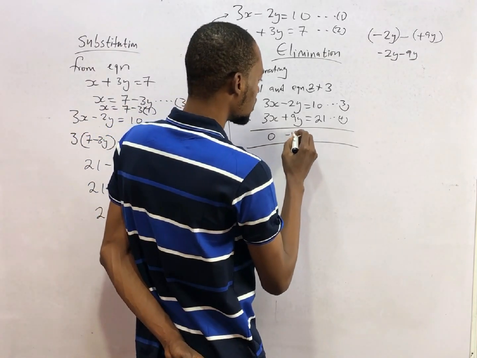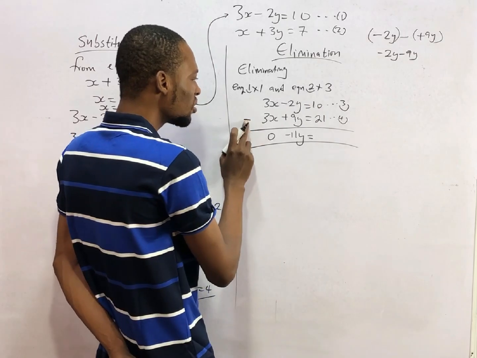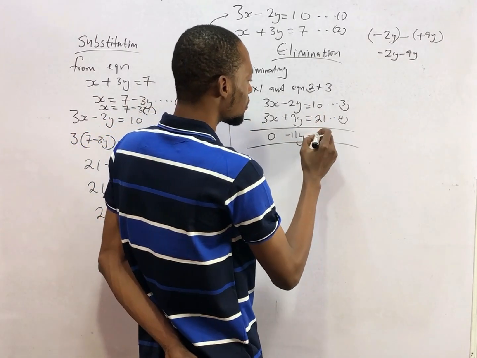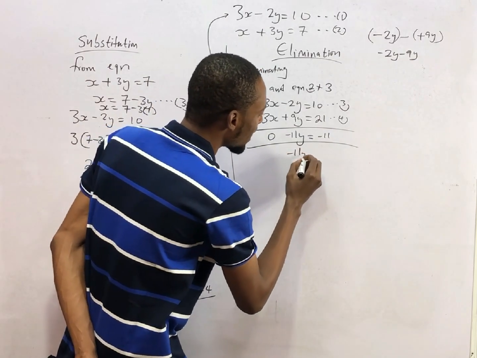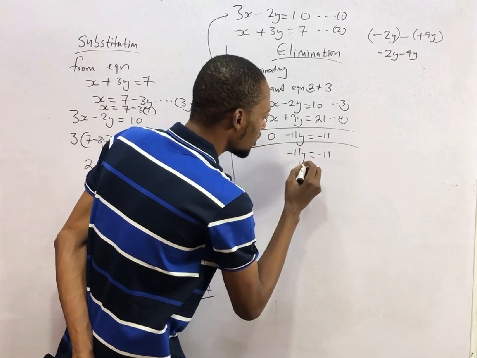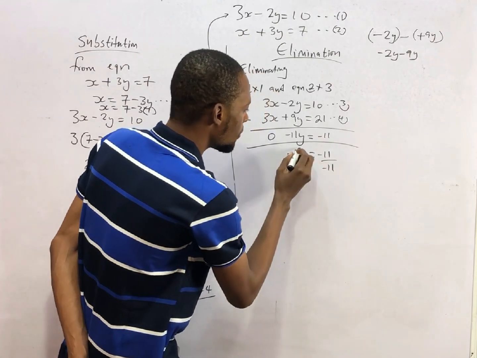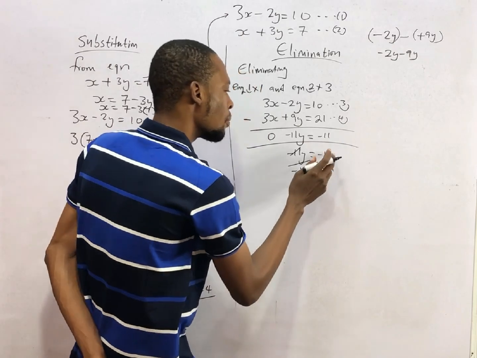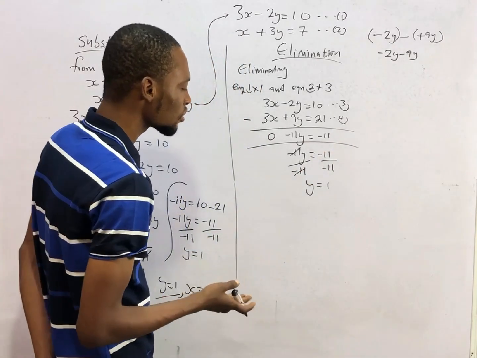So here is minus 11y is equals, then here is 10 minus 21. 10 minus 21 is minus 11. So we have minus 11y is equals minus 11. Dividing here by minus 11 and dividing here by minus 11, minus 11 divided by minus 11 is 1, so 1y is equals minus 11 divided by minus 11 is 1. So y is equals 1.